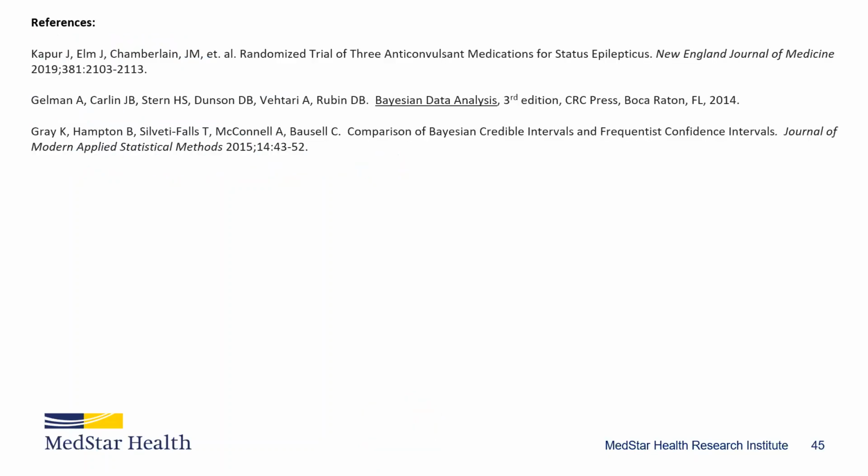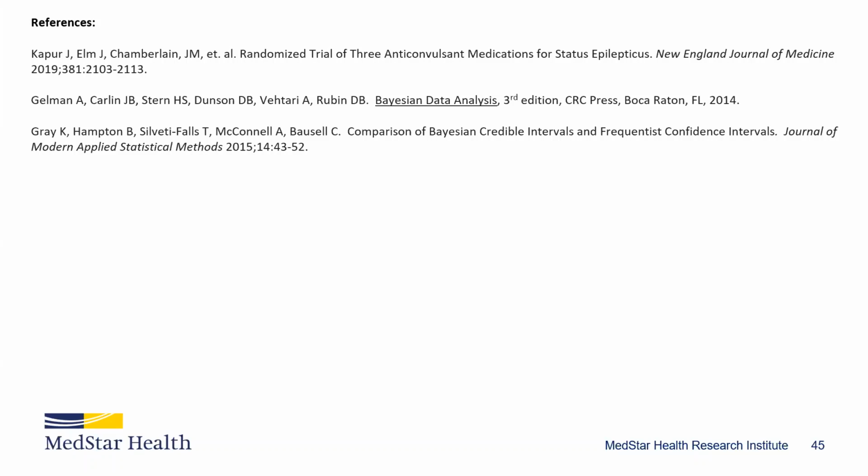So I have just a few references here. The first one is the epilepsy study that we looked at, if you're interested in looking at the details. The second one is sort of an introductory presentation of Bayesian data analysis, if you're interested in getting more into it.